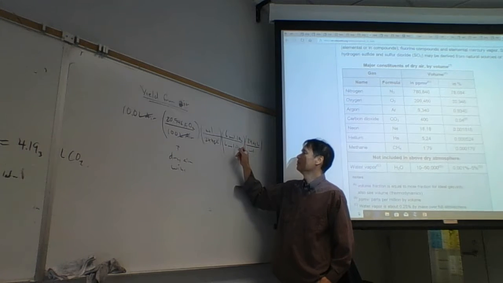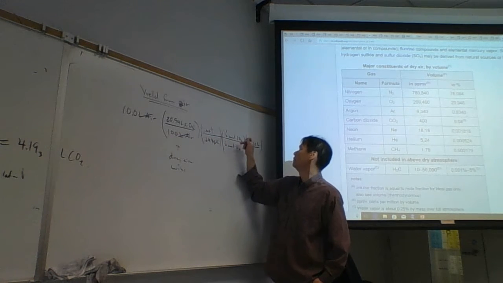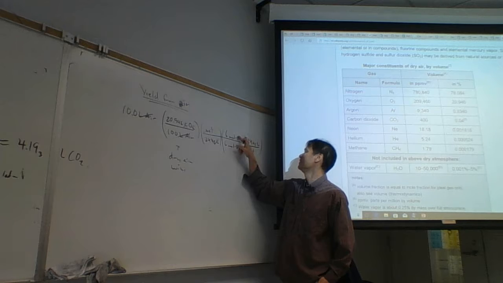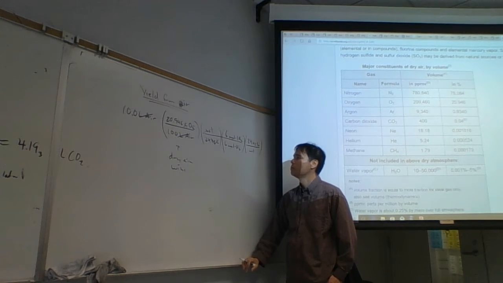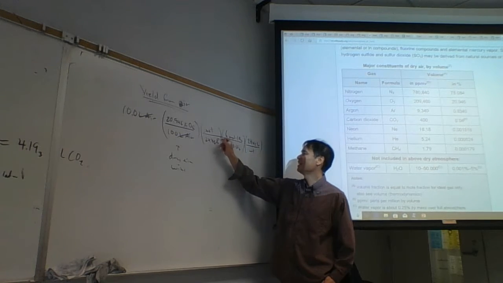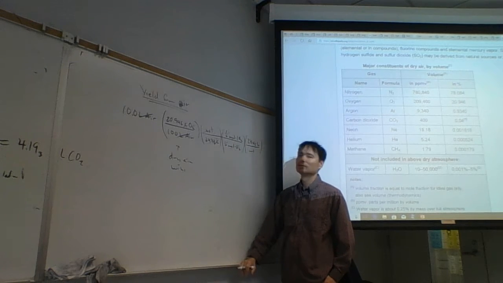And so moles of O2 cancel, and moles of CO2 cancel, and that leaves us with liters of CO2. The 24.45 cancel, the 6 cancel.